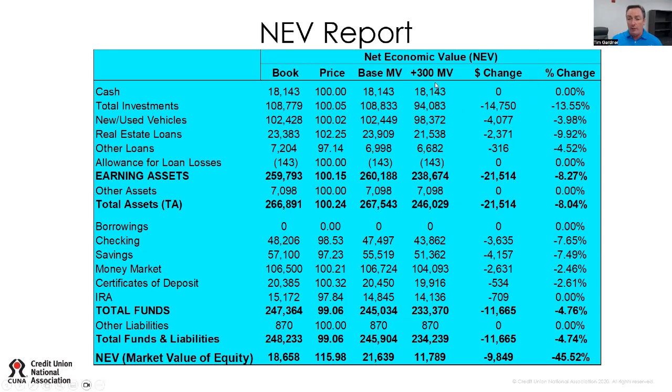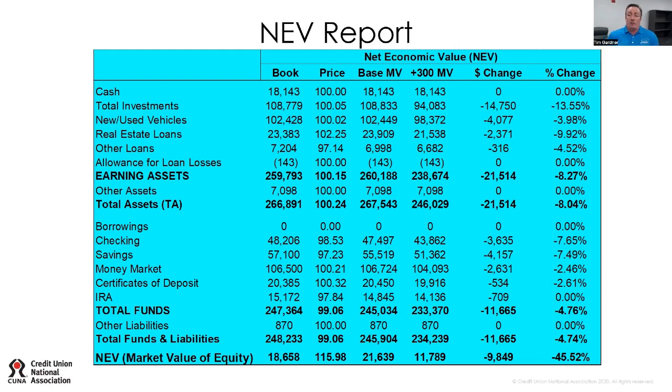Now, if interest rates go up 300 basis points, the value of those car loans goes down to $98,372. Why does it do that? Because car loans are fixed rate.